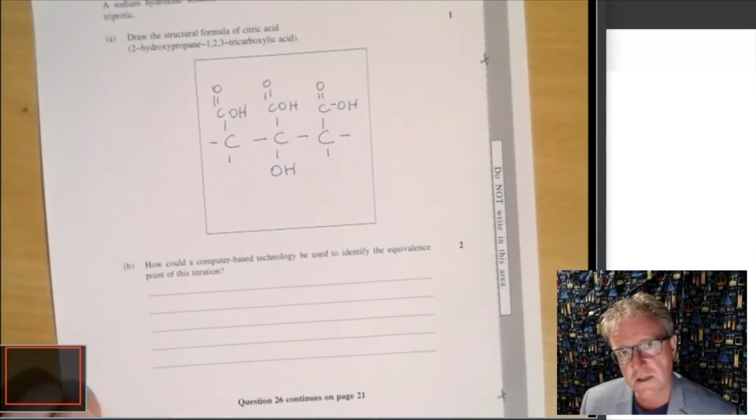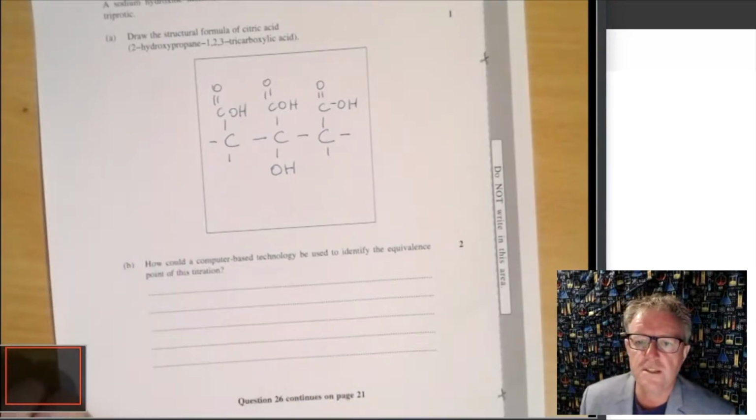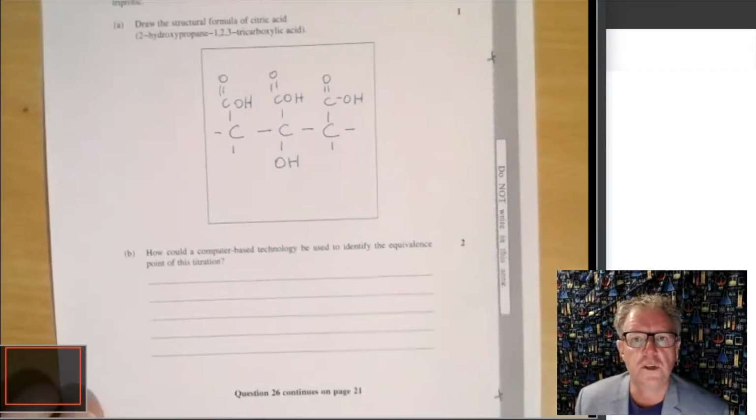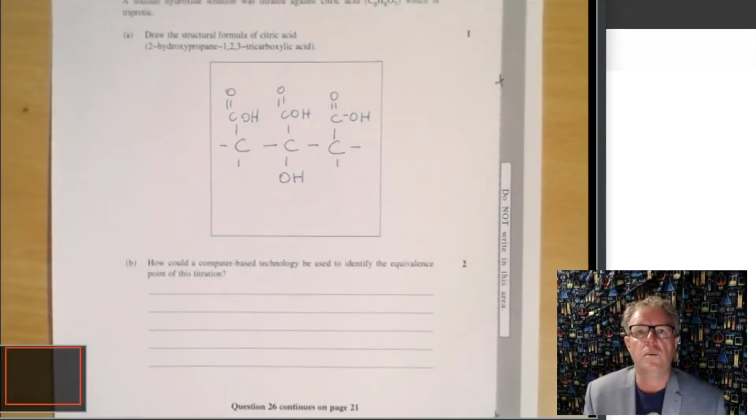Now in this question here, it says, how could a computer-based technology be used to identify the equivalence point of a titration? Well, normally with the equivalence point, remember we do that with indicators. The equivalence point is the point in the titration where the reactants are present in the solution according to the reaction ratios.